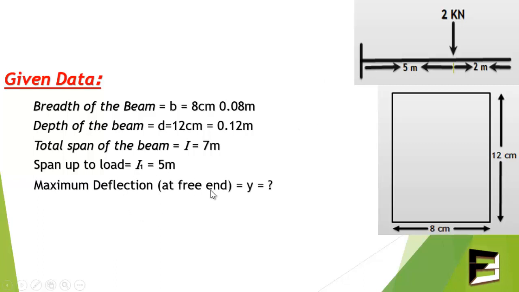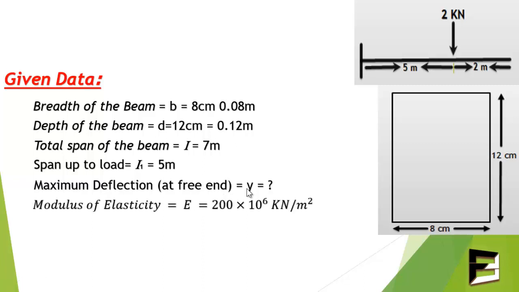Maximum deflection at the free end. Now we will determine it. This is our approach to determine the value of y. Deflection we represent by y. For the determination of y, first of all we have to find some data.